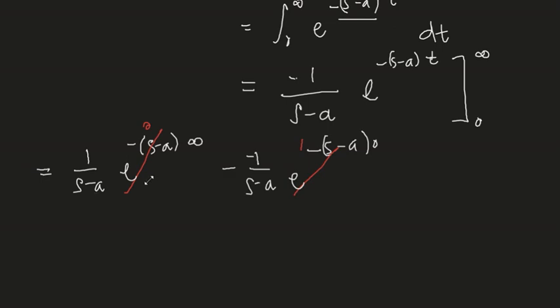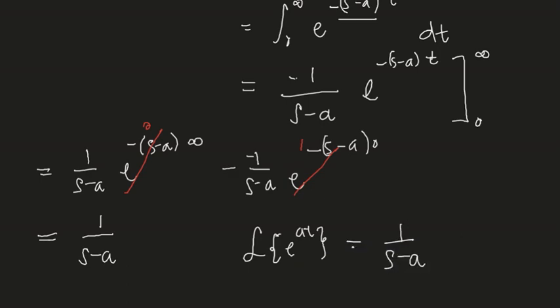So what remains here is that this entire equation will be equal to the remaining term. Negative times negative will be positive. So this will be equal to 1 all over s minus a, multiplied by 1. So this will be our final answer. This means that the Laplace transform of e raised to at will be equal to 1 all over s minus a.